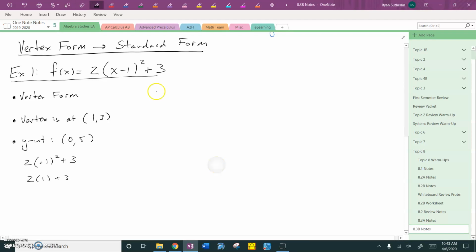So to convert to standard form, what we do is we take the function and we perform the mathematical operations that we see here.